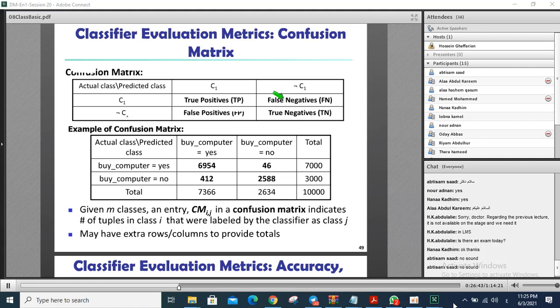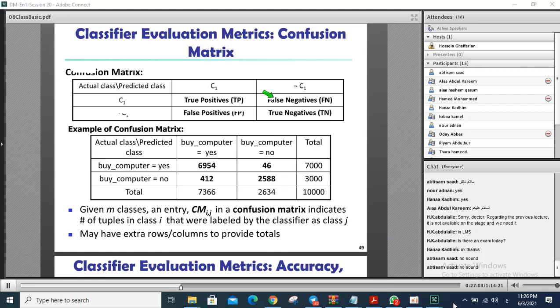Here we can see that in true positive and in true negative cases, the actual class of tuples is equal to the predicted class label.